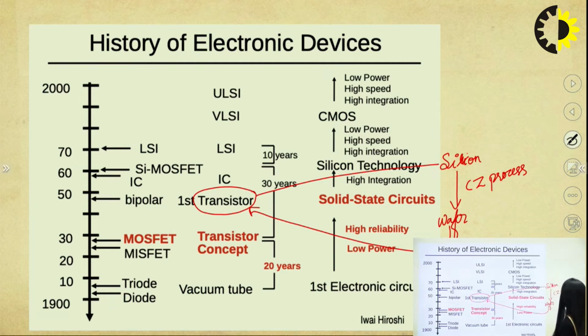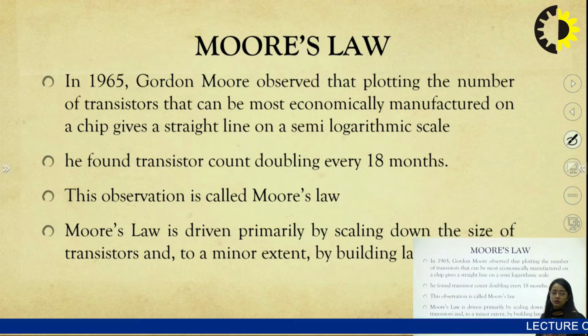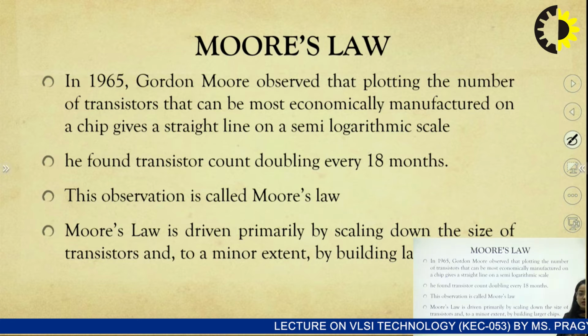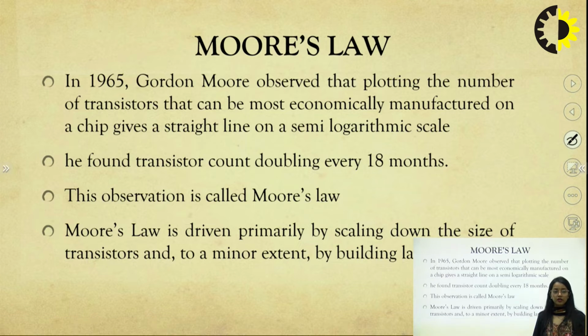So coming to the topic, in 1965, Gordon Moore observed that when plotting the number of transistors that can be most economically manufactured on a chip, it gives a straight line on a semi-logarithmic scale.